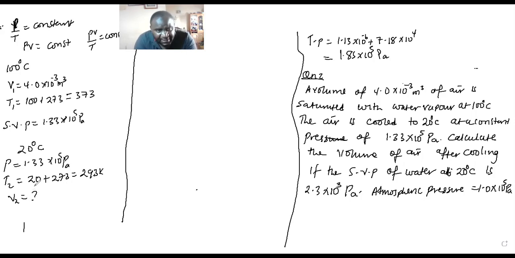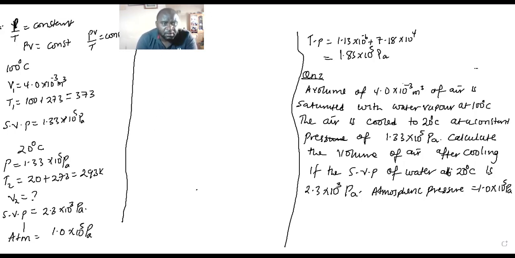But at this instant, the saturated vapor pressure is 2.3 times 10 to the power 3 pascals at 20 degrees Celsius. And then they also gave us atmospheric pressure, which is 1.0 times 10 to the power 5 Pascal.